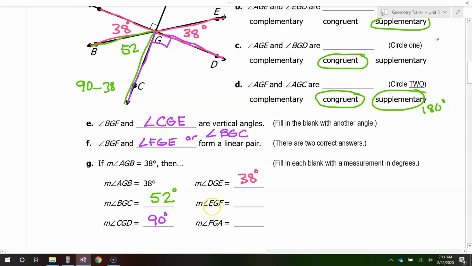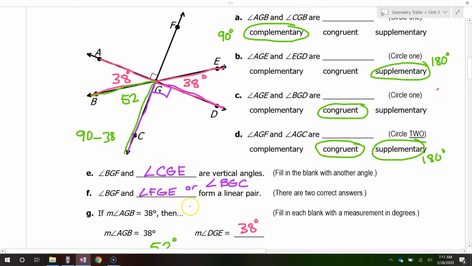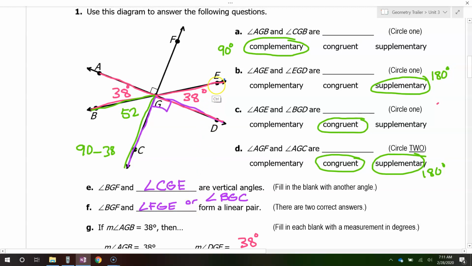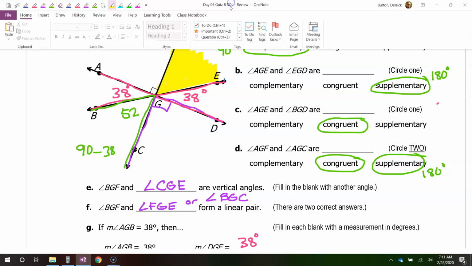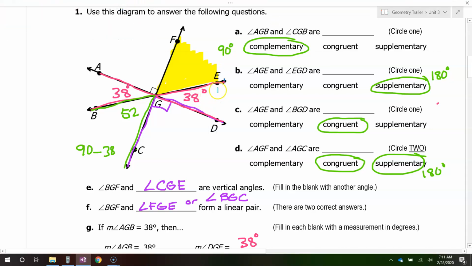How about angle EGF? Okay, EGF is this angle right here. All right. Well, these two angles are going to be complementary.